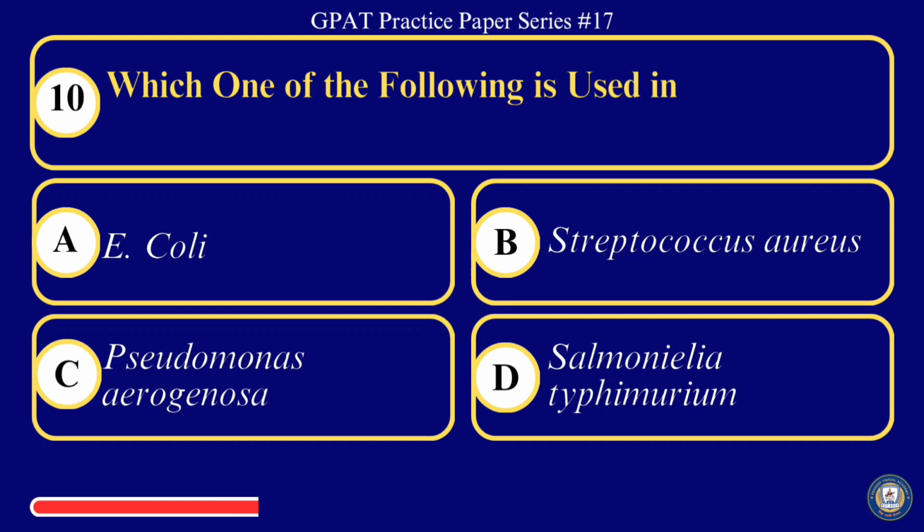Question number 10. Which one of the following is used in Ames test? Your options are A. E. coli, B. Staphylococcus aureus, C. Pseudomonas aeruginosa, and D. Salmonella typhimurium.